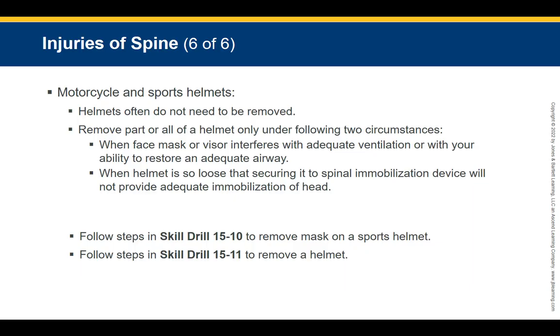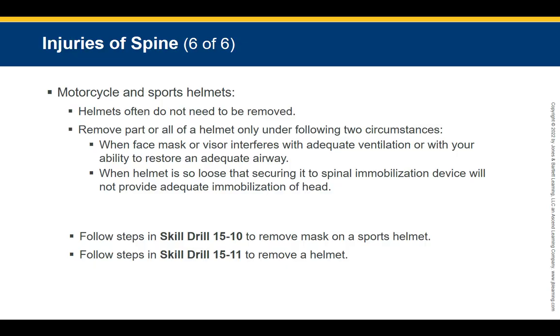Typically speaking, helmets don't need to be removed anymore. They have a way that you can just breathe around it. But if I have to, because of an airway problem, then I will stabilize above and below. I would stabilize front to back with the C-spine, gently remove the helmet, and then take normal C-spine precautions.